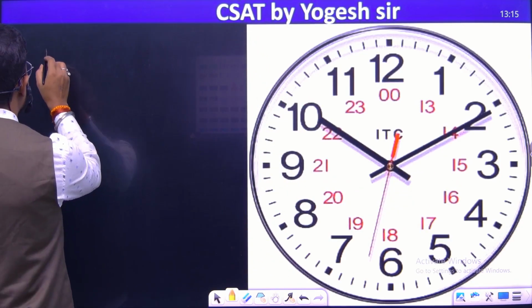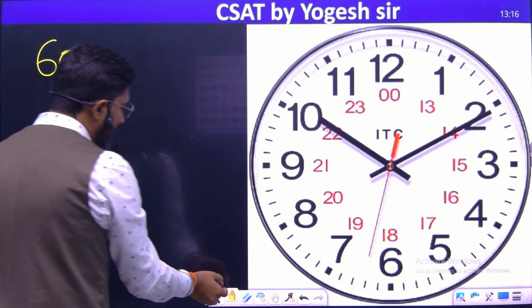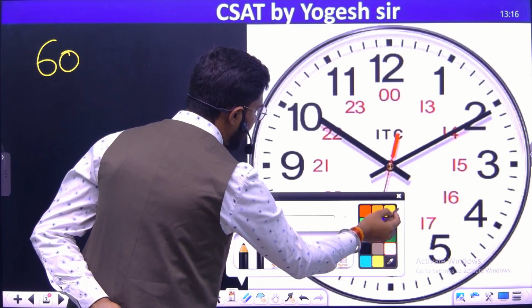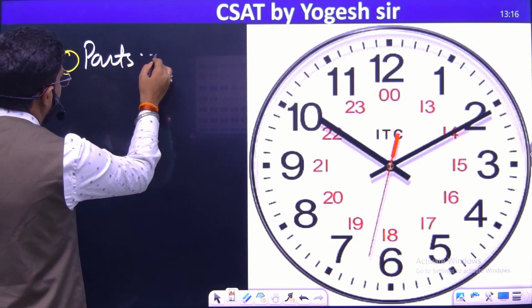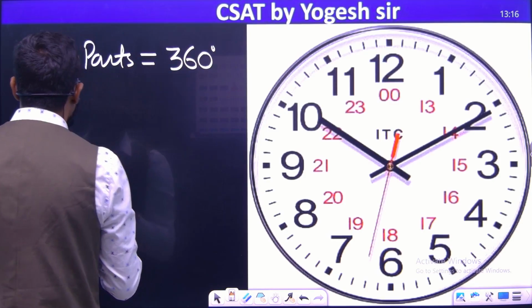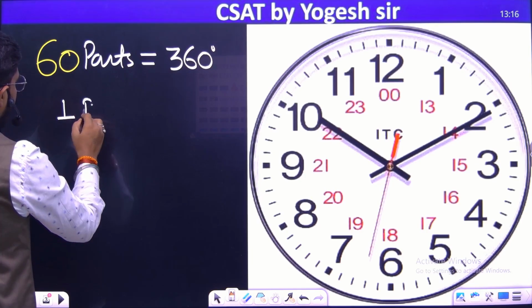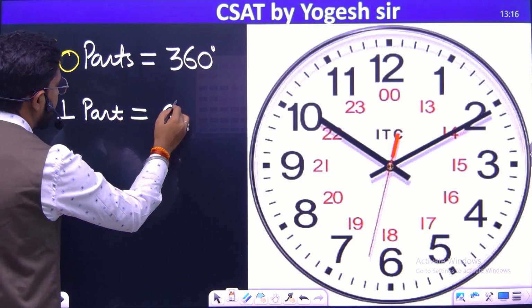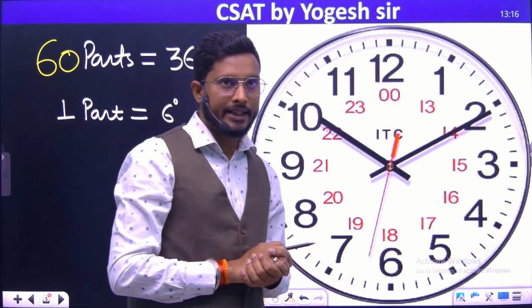So 60 parts is equal to 360 degree, and we can see that the value of one part is 6 degree. The value of one part is 6 degree.